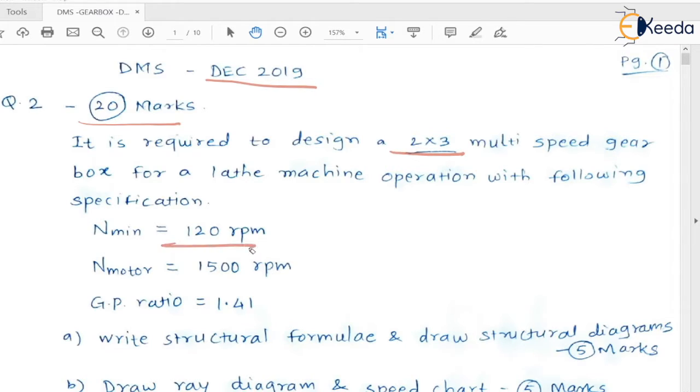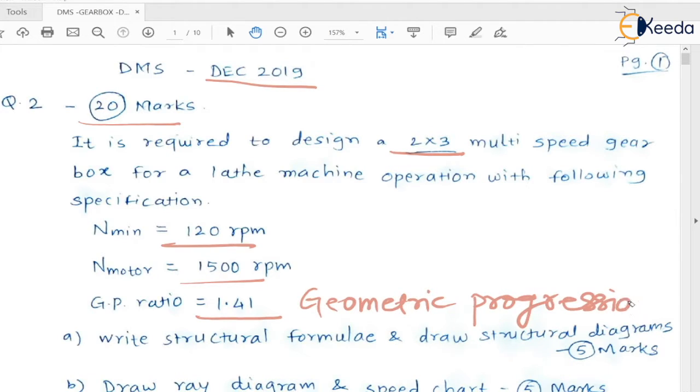N minimum is 120 rpm, N motor is 1500 rpm, and GP ratio, that stands for geometric progression ratio. In most of the problems you will see GP ratio only, because in most applications of gearboxes we use geometric progression ratio to find the number of teeth and all.